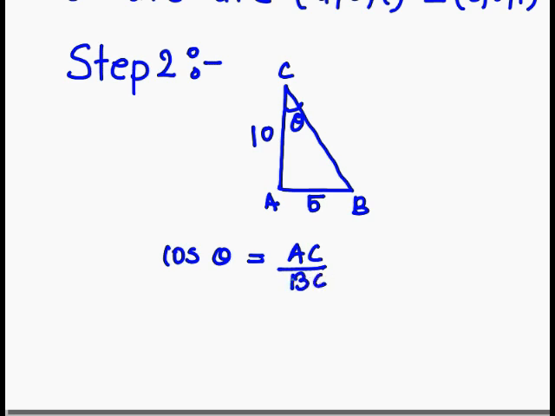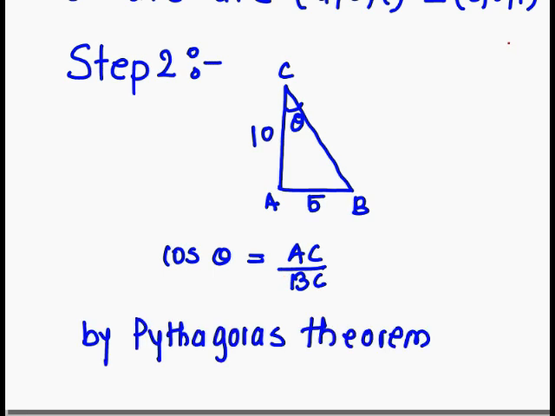It is AC divided by BC, but we don't know the value of BC. So by Pythagoras theorem, what we get is BC square is equal to AC square plus AB square. So let's solve this to find the value of BC, to get the value of cos theta, to get the value of theta, that is the semi-vertical angle.